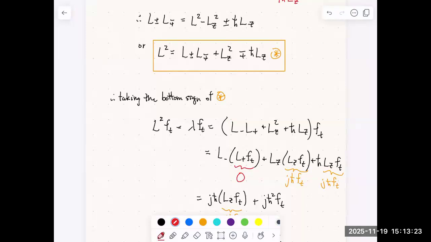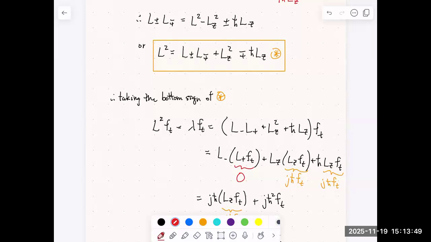So we're going to have lambda equal some stuff. This time, we're going to rewrite L squared, but we're going to take the top sign. Why are we taking the top sign? Because we're going to have an F bottom here, and if I take the top sign, I'll get an L minus right there. And L minus acting on the lowest Z component angular momentum state cannot lower it anymore, so we have to get a 0.